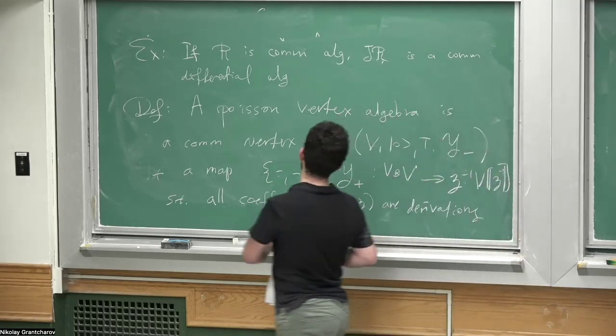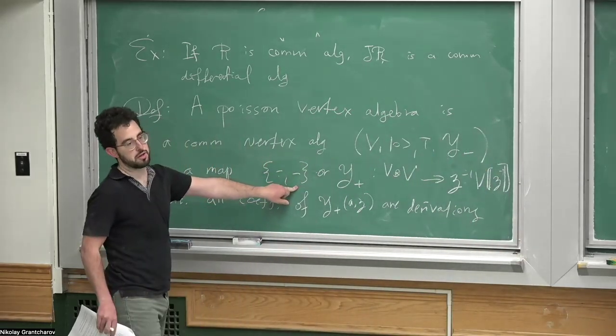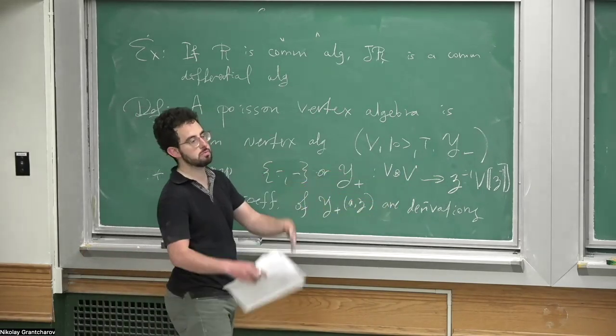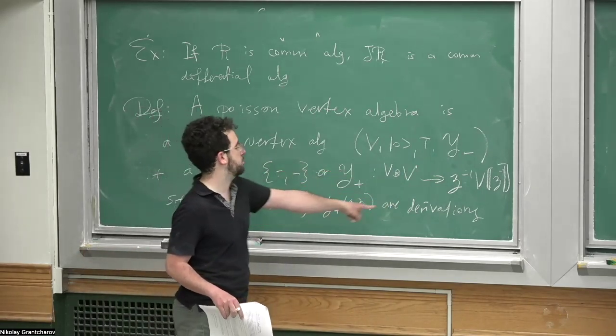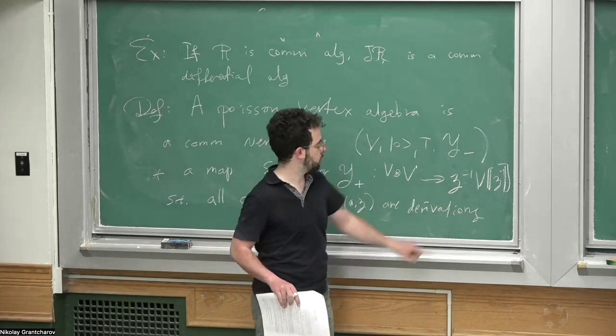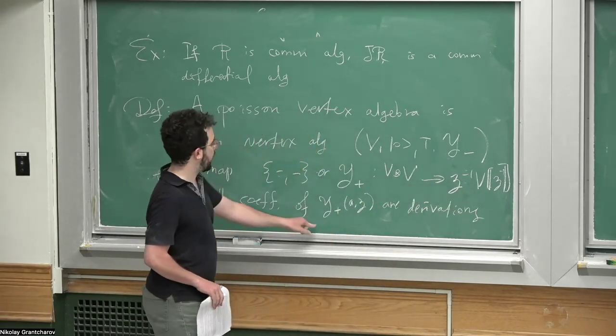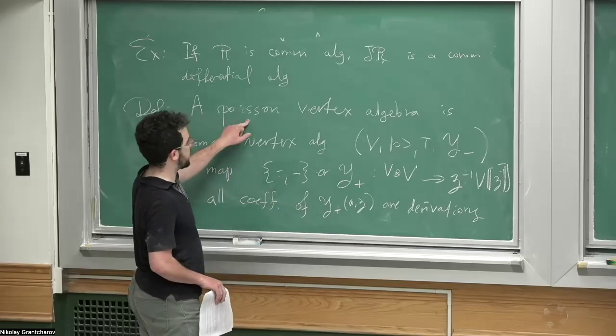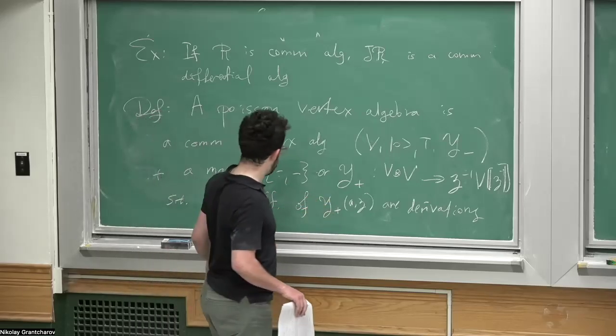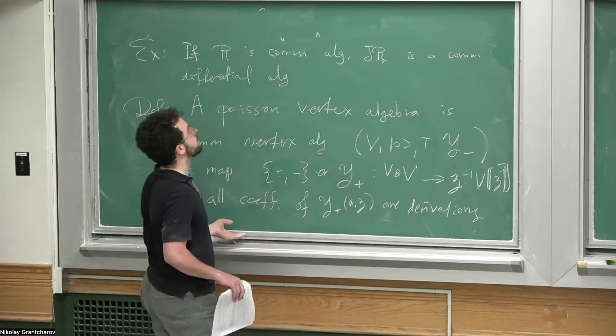So we have a map similar to the usual map of a vertex algebra, satisfying very similar axioms, all the same axioms, just here we only have positive components. And then the compatibility that we ask with the existing commutative multiplication is that those will be derivations.